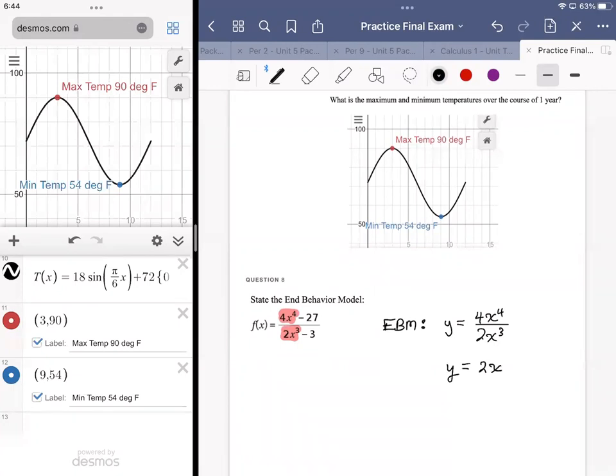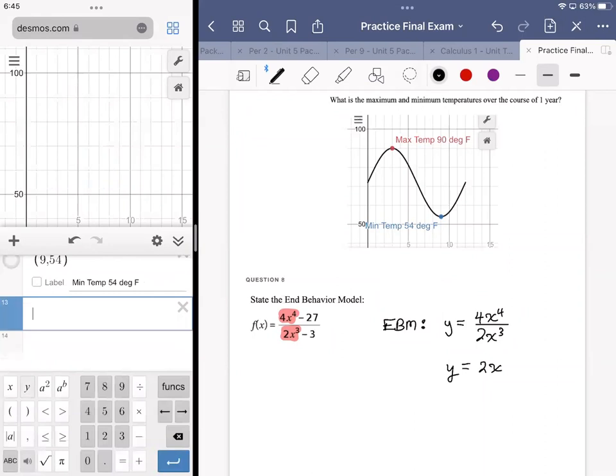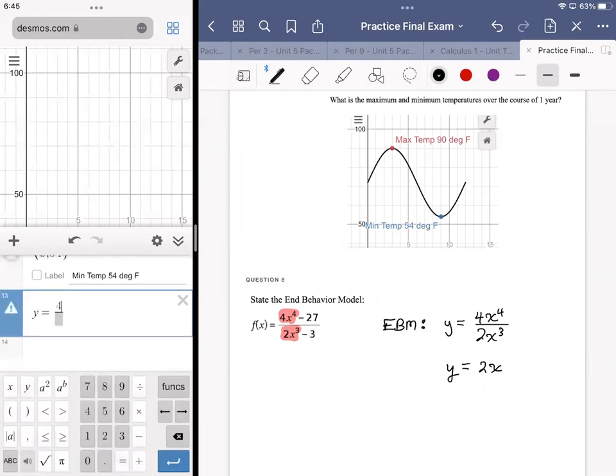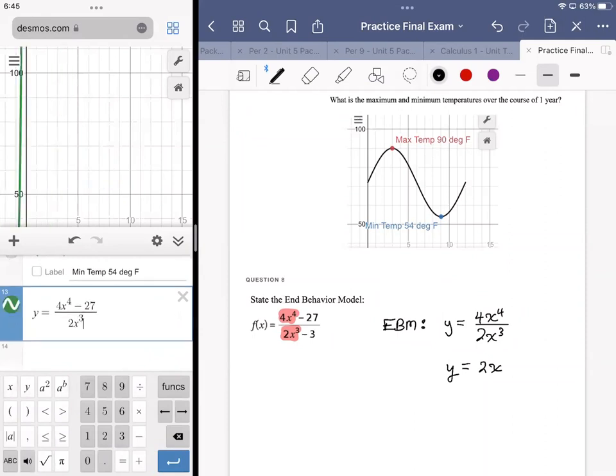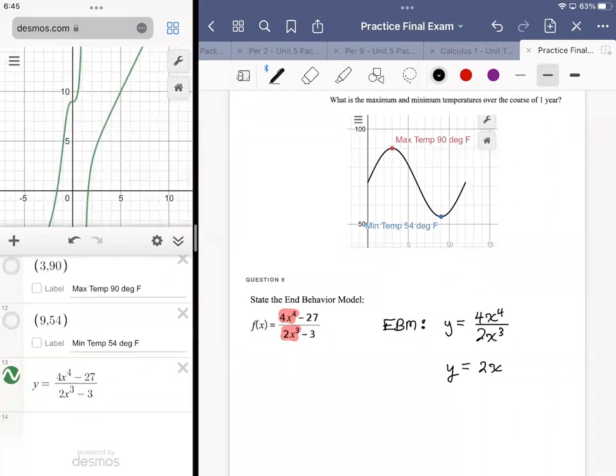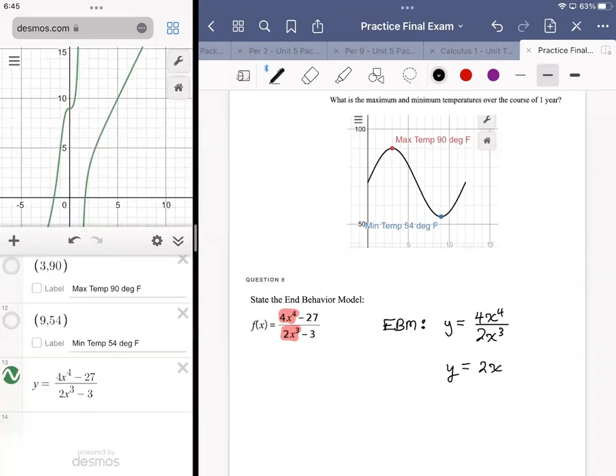All right. You can check your end behavior model pretty easily just by graphing the original function and graphing the end behavior model. They should behave the same way for extreme values of x. So there's my original function, pretty crazy looking.